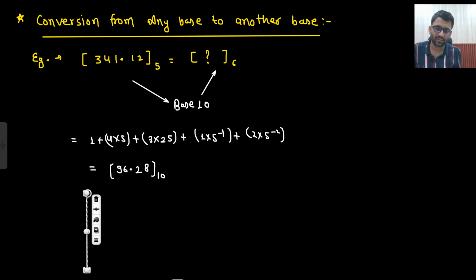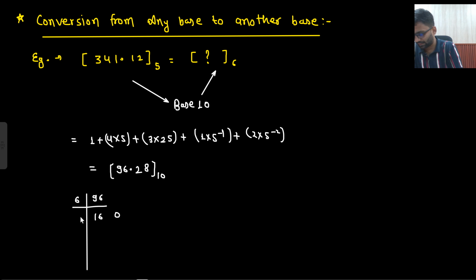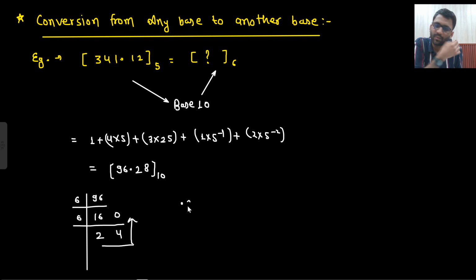So 96, 16 into 6 is 96 only. Then 6 into 2 is 12, and 4. That's it. 240 in upward direction. What about 0.28? So 0.28 into 6, now we are going to convert it to base 6.